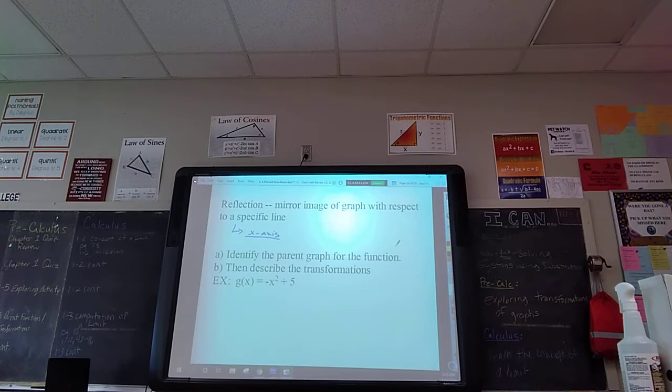So it's a reflection about the x-axis, or just, since that's the only reflection, we say reflection. So whenever you see a negative in front of it, again, it doesn't have to have a number. The number actually tells us something else. It tells us something about the slope, not necessarily the position of the curve. So as long as there's a negative in front, that tells us it's a reflection.